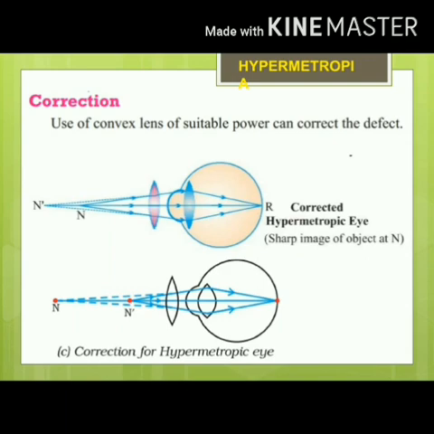So we are using the convex lens, and the image is formed behind the object, but it is a virtual image, and that virtual image is beyond the changed near point of the diseased eye, and that virtual image is working as a source of light, that is the object, and the image is formed on the retina. Thus we can solve the problem of hypermetropia.